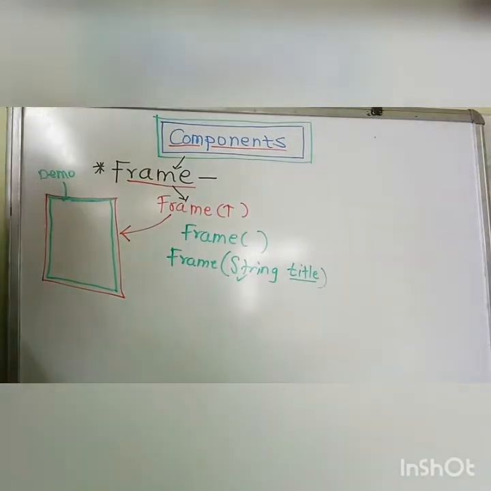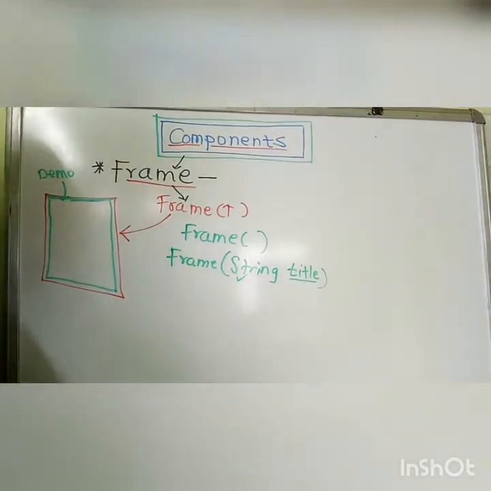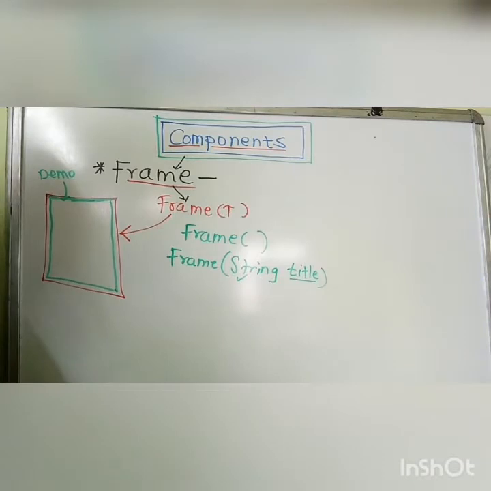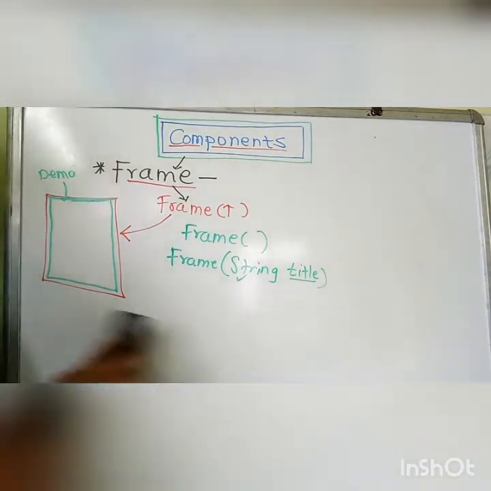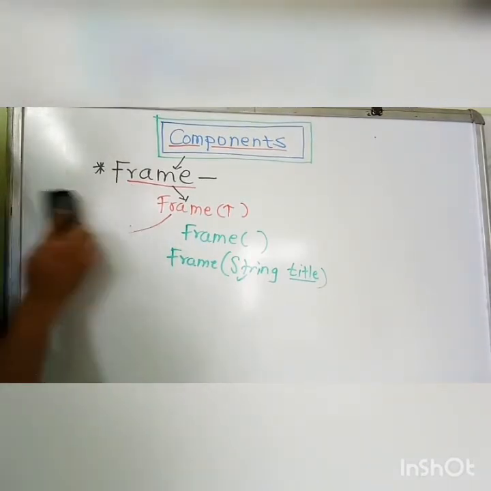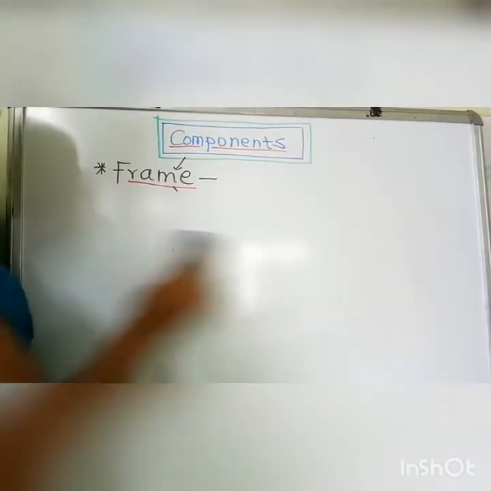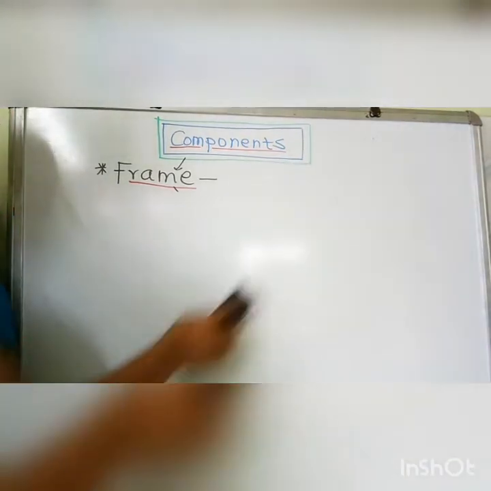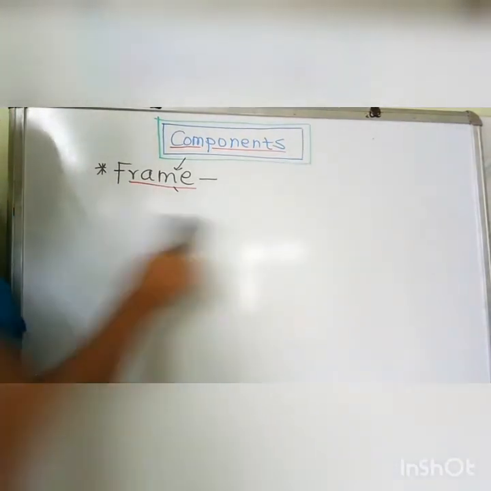Now there are two important methods which are used to decide the size of the frame and the visibility of the frame. To decide the size of the frame, the setSize method is used. Why are we using the setSize method? Because if we do not decide the frame size, it will be displayed poorly.